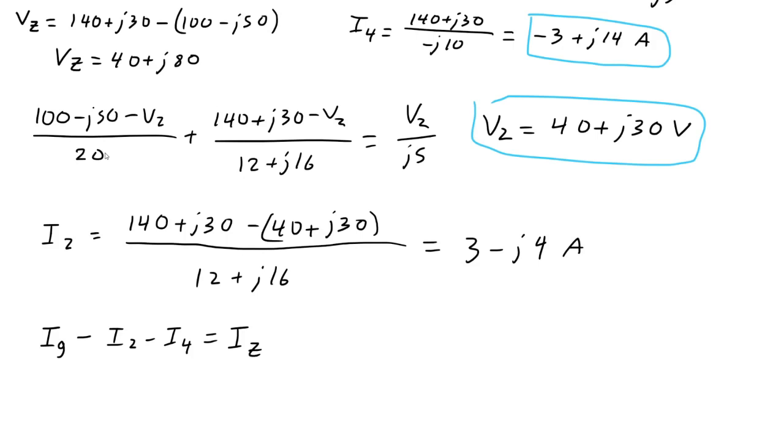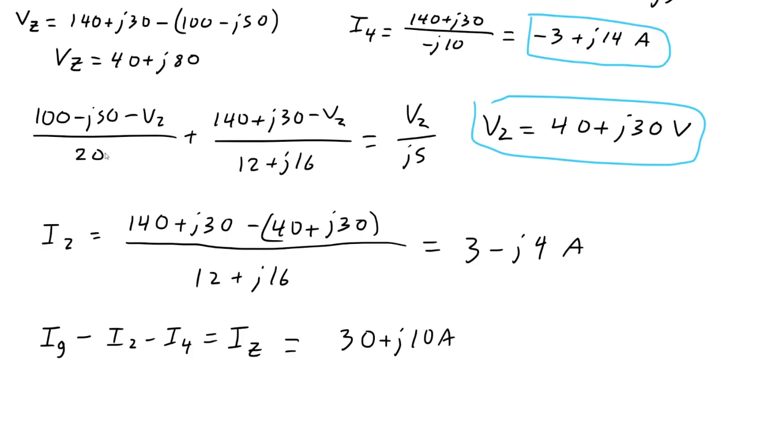Let's double check. Yeah, minus 3.4 plus 4J. So I get an answer for the current of 30 plus J10 amperes.